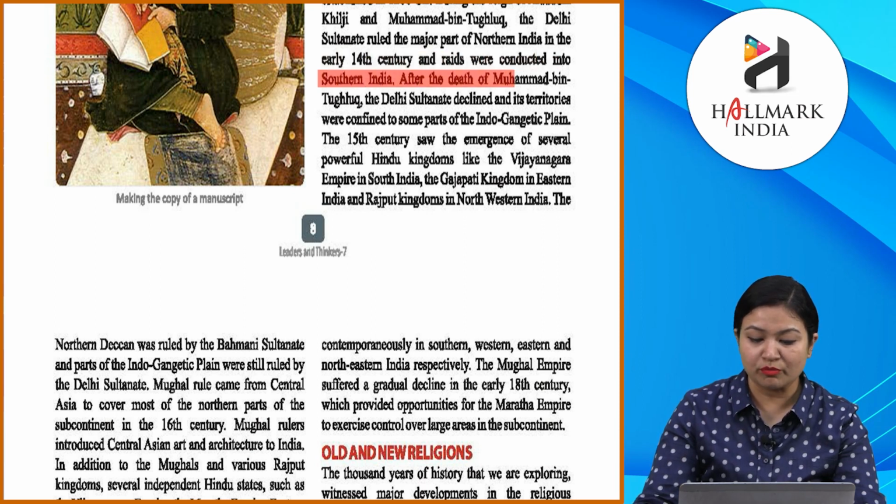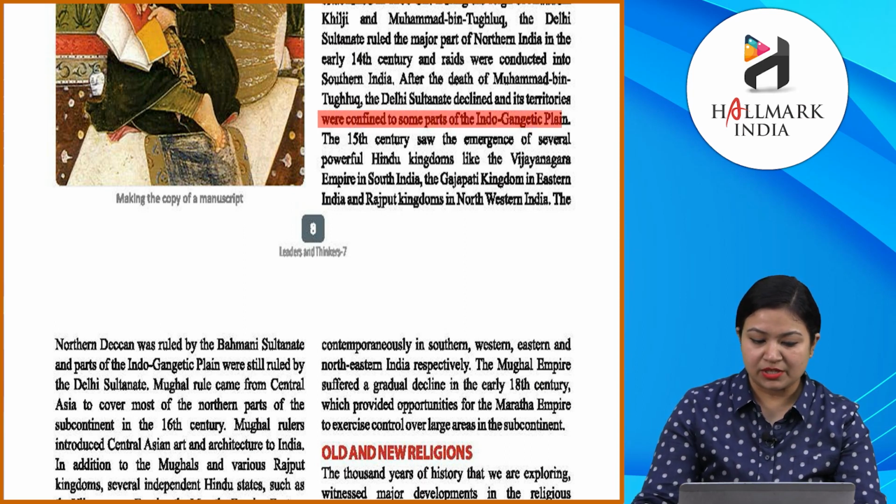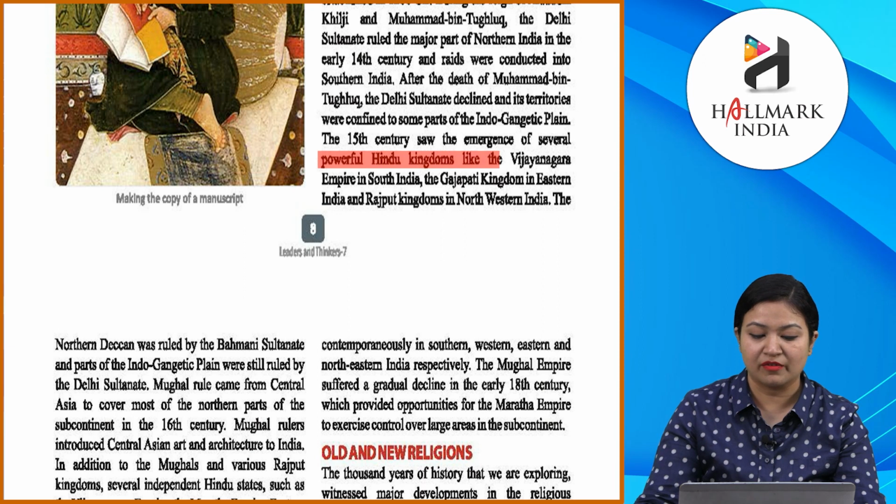After the death of Muhammad bin Tughlaq, the Delhi Sultanate declined and its territories were confined to some parts of the Indo-Gangetic plains. The 15th century saw the emergence of several powerful Hindu kingdoms like the Vijayanagar Empire in South India, the Gajapati Kingdom in Eastern India and Rajput kingdoms in northwestern India.